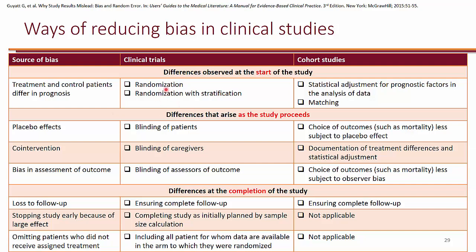Randomization occurs at the beginning of the study, and the concept of blinding needs to exist during the study. And of course, at the completion of the study, you don't want to lose patients to follow up in order to avoid other sources of bias.